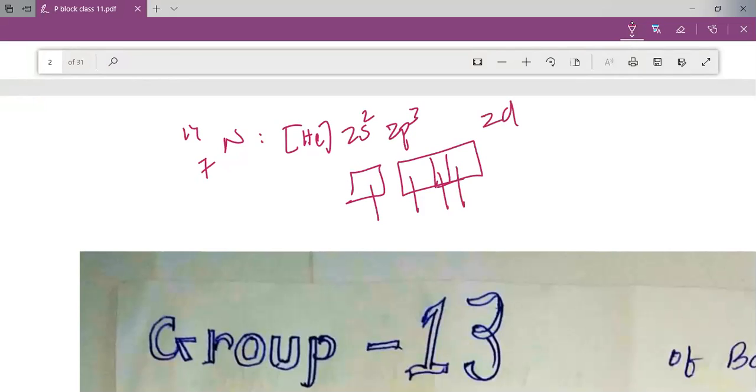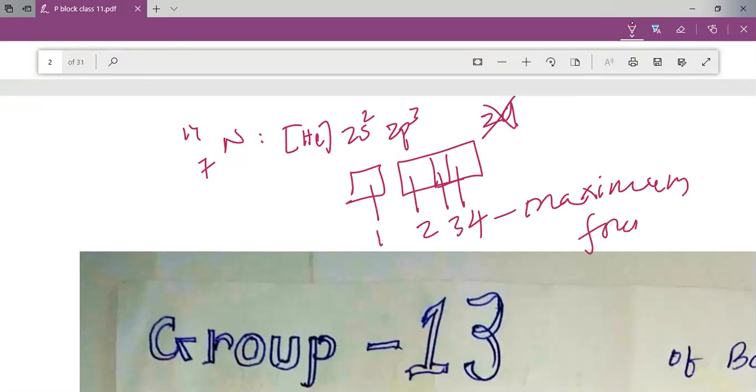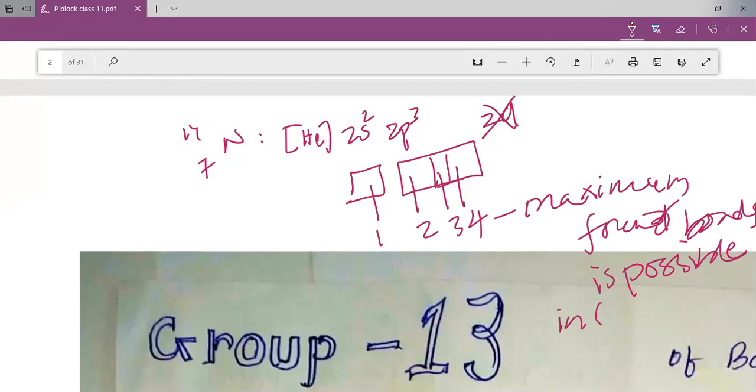As there are no d orbitals available in the valence shell of nitrogen, 1, 2, 3 and maximum 4 bonds is possible. Maximum 4 bonds is possible in case of nitrogen.